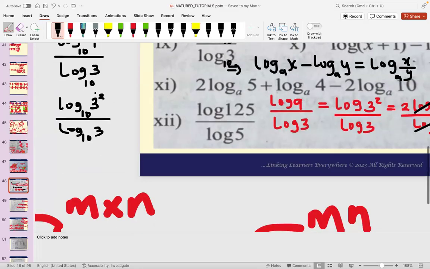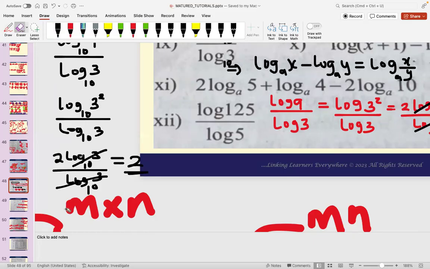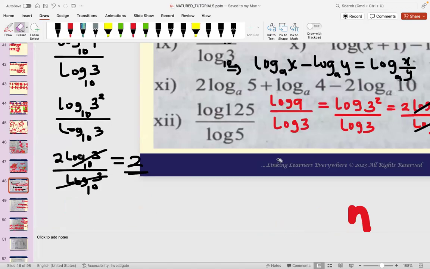Then finally, this will come here, so you have 2 log 10, 3 divided by log 10, 3. So log 10, 3 will cancel log 10, 3, and you still come back to the 2. And that is the only way you can work it, apart from the first way we worked it.